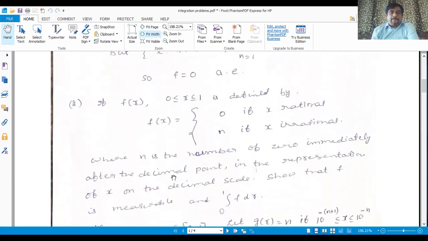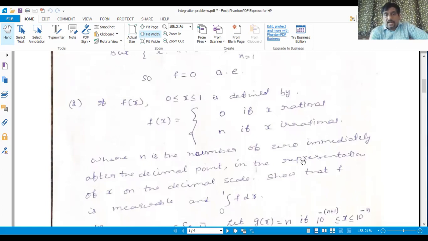Next, one more example. Let f of x on 0 to 1 be defined as f of x equal to 0 if x is rational, and n if x is irrational. Here we have taken n as the number of zeros immediately after the decimal point, so you can choose up to 10, that is 9 is the double digit, you know that.